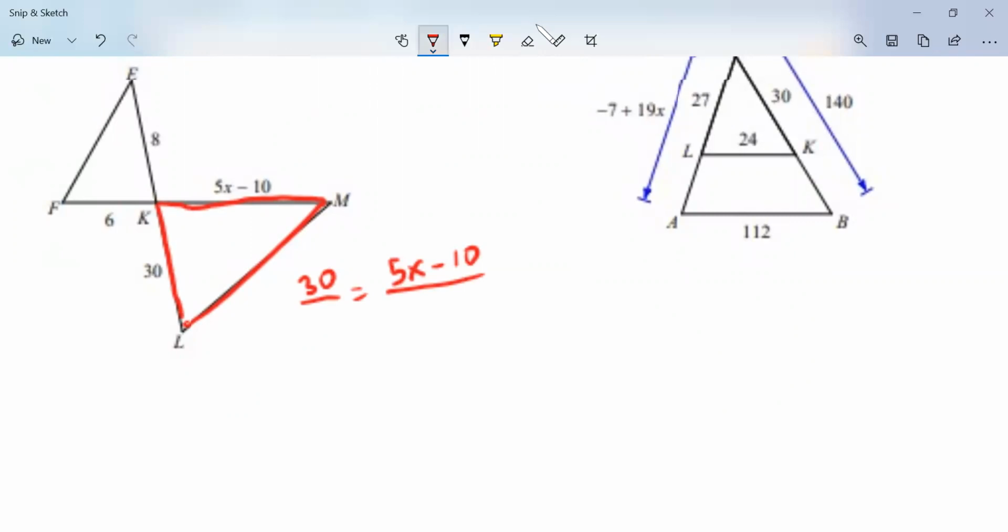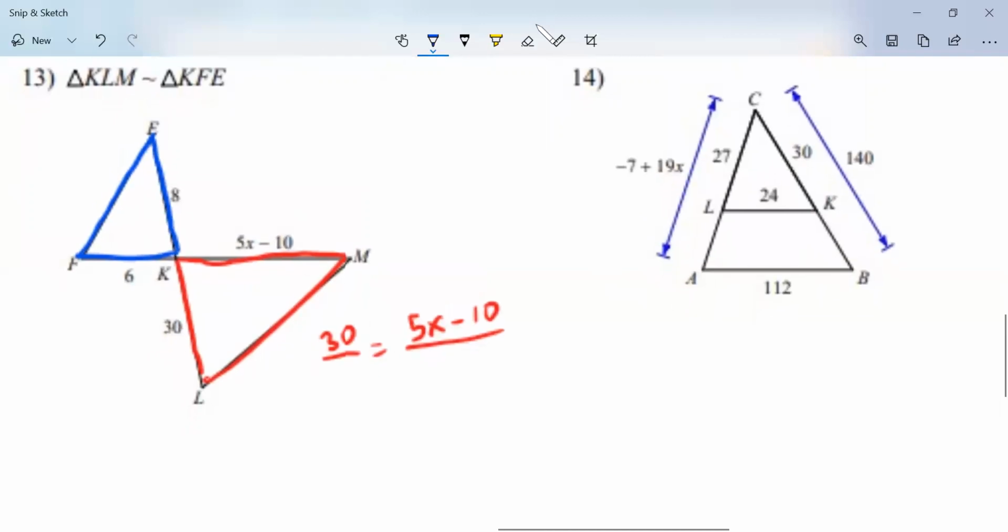Okay. And then there is a blue triangle. And I'm going to use the value 6 and 8. Now, if 30 is smaller than 5x minus 10, then 30 goes with 6. But if 30 is bigger, then 30 goes with 8.